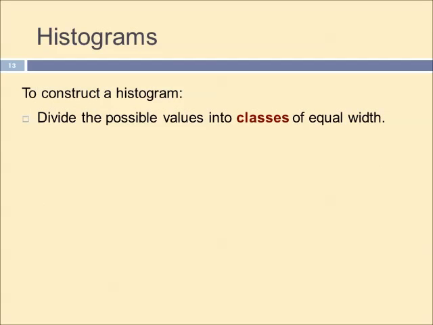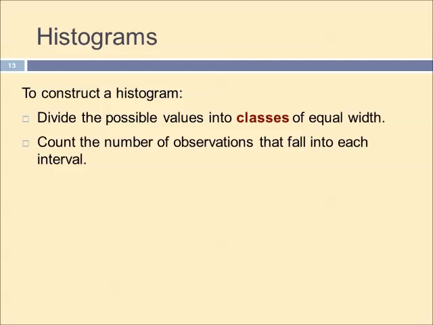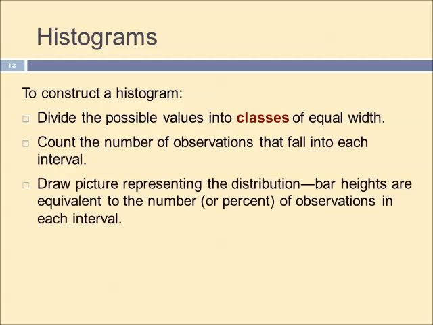So, to construct a histogram, we divide the possible values into classes of equal width. Then we count the number of observations that fall into each interval, and draw a picture representing the distribution. Bar heights are equivalent to the number or percent of observations in each interval.